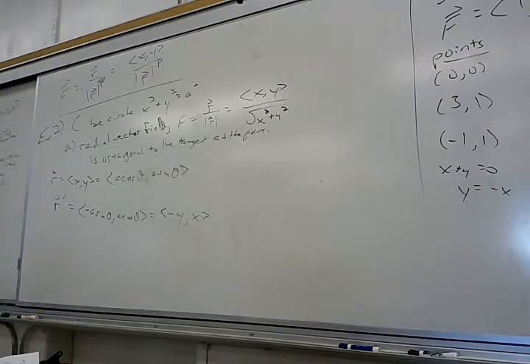Here's the kind of cool thing about this. If any of you have taken any physics, this will sound very familiar. If you haven't taken physics, oh well, I would have said this anyway. This is called the potential function. And of course, this is the gradient field.